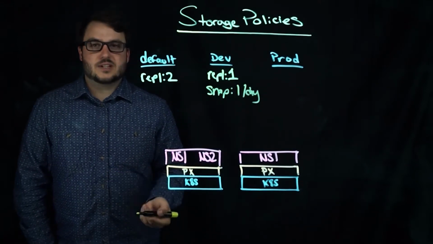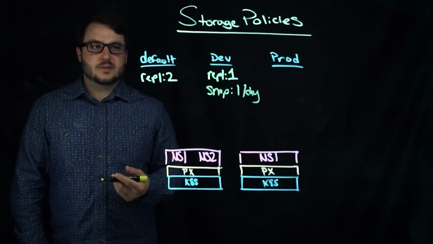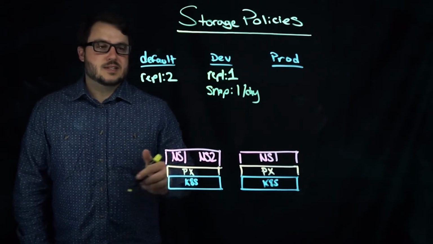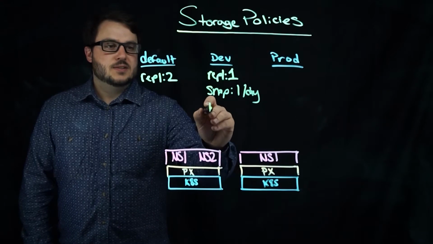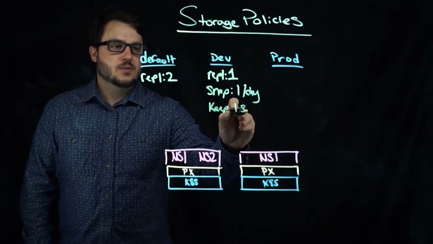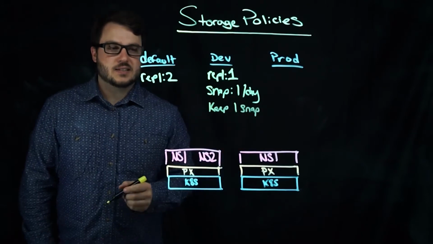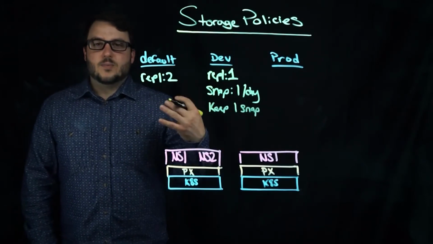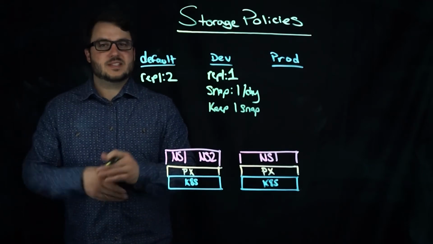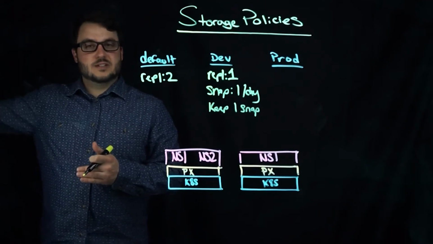So this allows us to, by default, set up any volume that gets created in development to have at least 1 snapshot a day. And we can say that we want to keep 1 snap, meaning that by default, we keep 1 snapshot. So the next day when it takes another one, it replaces that one instead of keeping multiple snapshots that you could restore to.